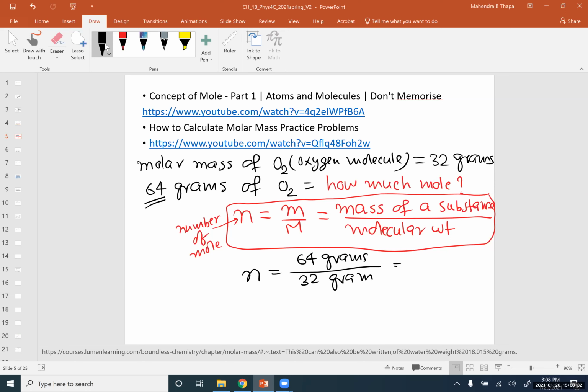So this means it is 2 moles. So 64 grams of oxygen equals 2 moles. If you find time, you can watch those videos to get more insight into how we can convert from grams to moles of any substance.